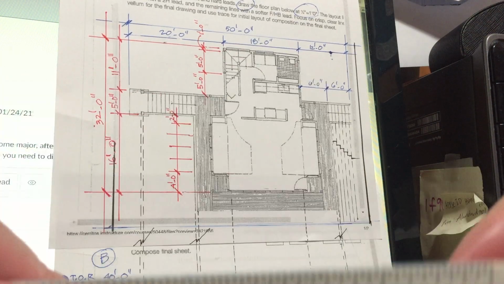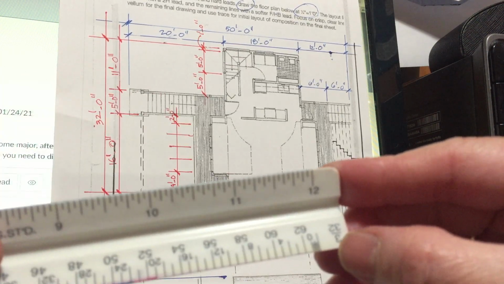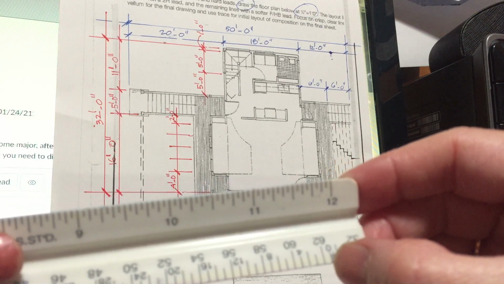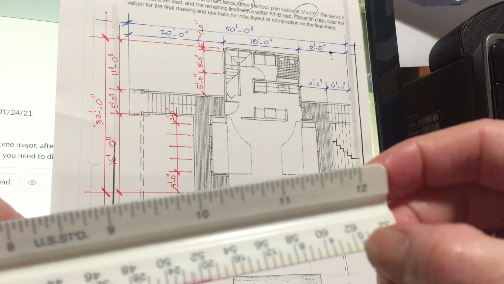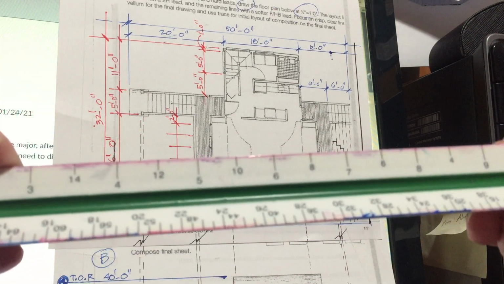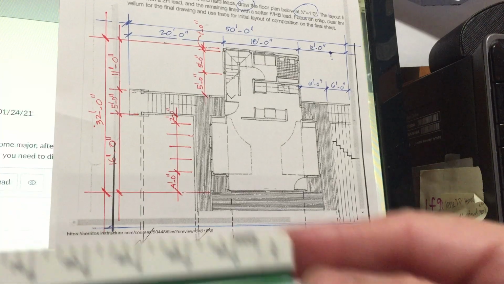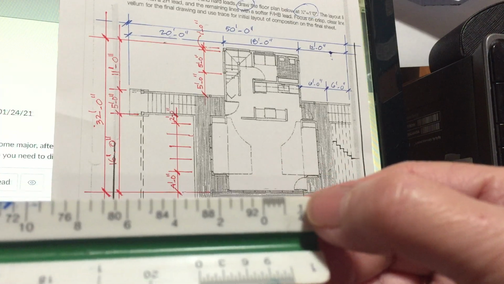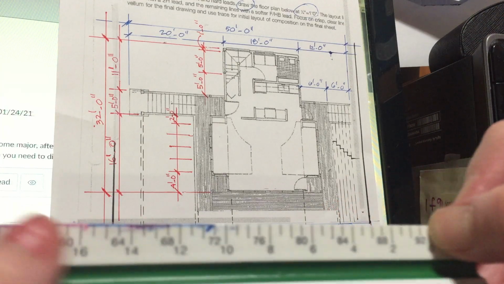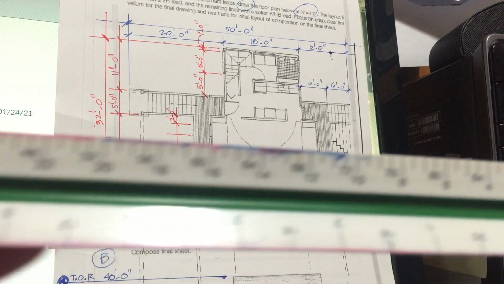It is so small, but you can try this one. 3/32. You start from 0 right here and you count the same way. But I suggest that you do 1/4 when you draw. It's the best scale you can draw, and it's easy for you to read everything on the scale.